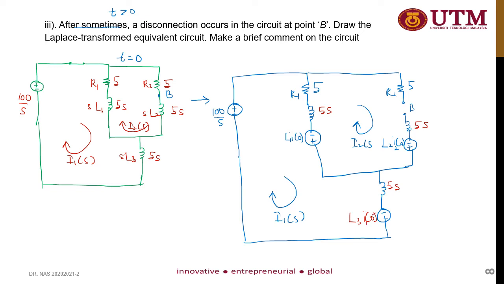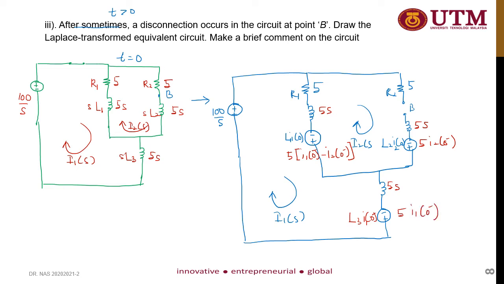And at this point, since it's the sharing condition, L I naught is equal to L, which is 5. So at this point it is I1 naught minus I2 naught, and here is L2, so it is 5 I2 naught. And here is 5 I1 naught.